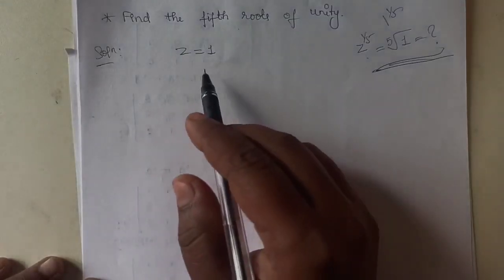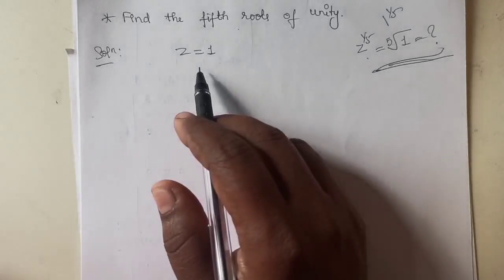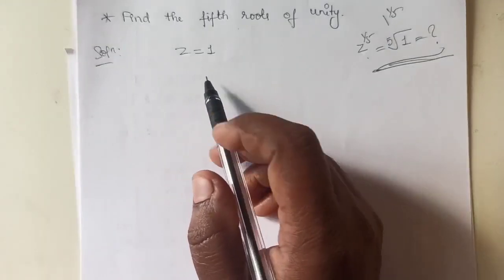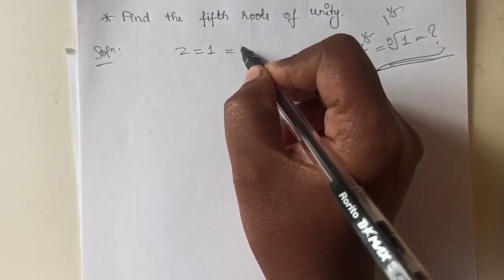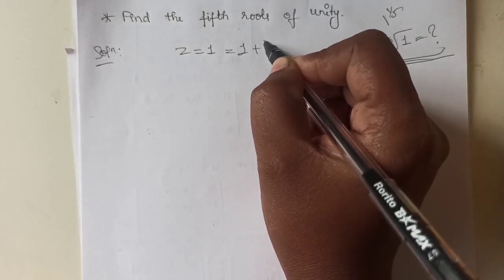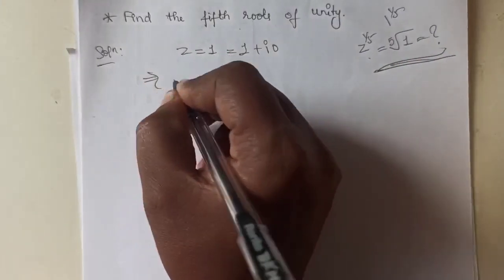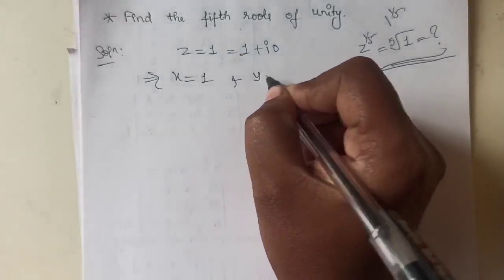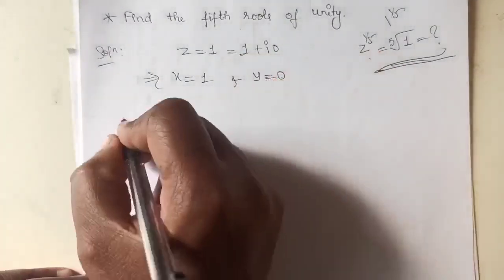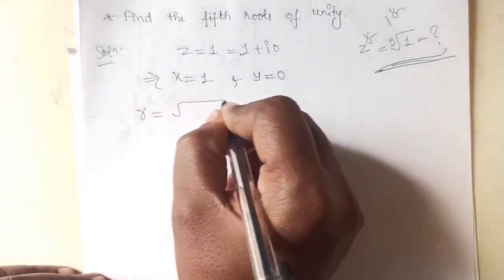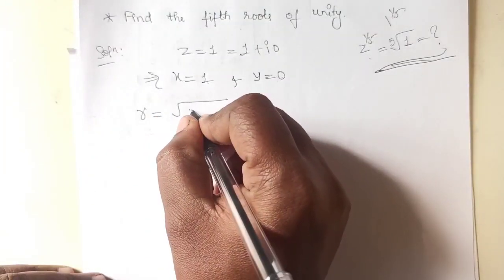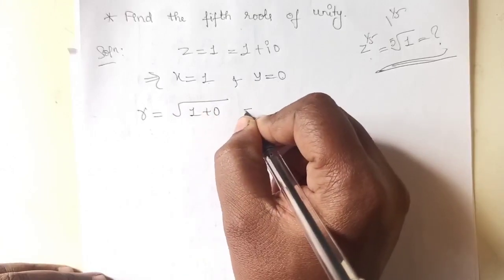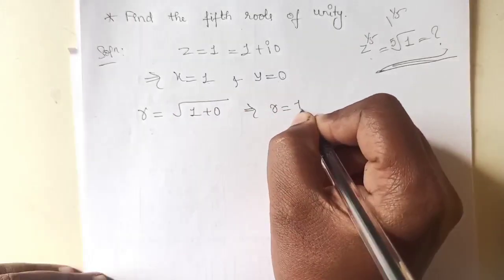So here z equals 1. This can be written as 1 plus i into 0, which means x equals 1 and y equals 0. So the r value is the square root of x squared plus y squared, which is 1 plus 0, so r equals 1.